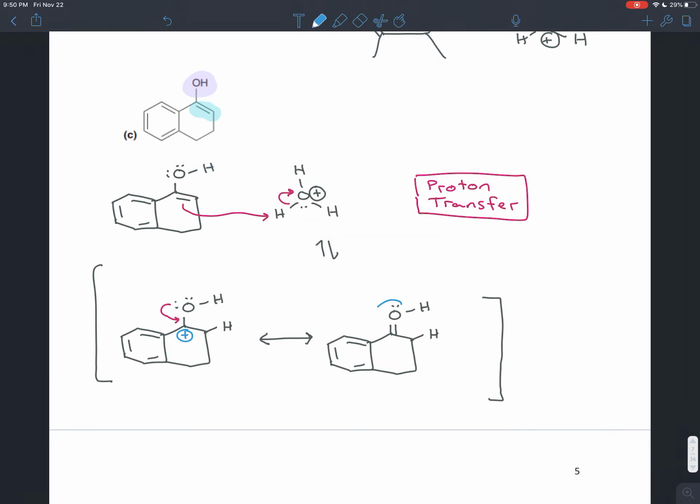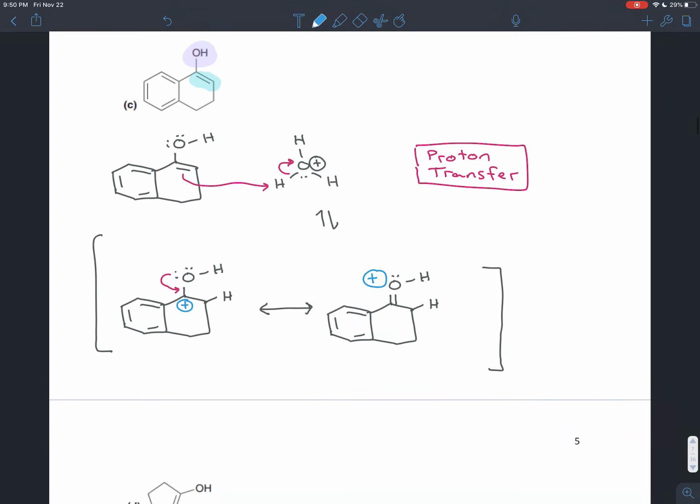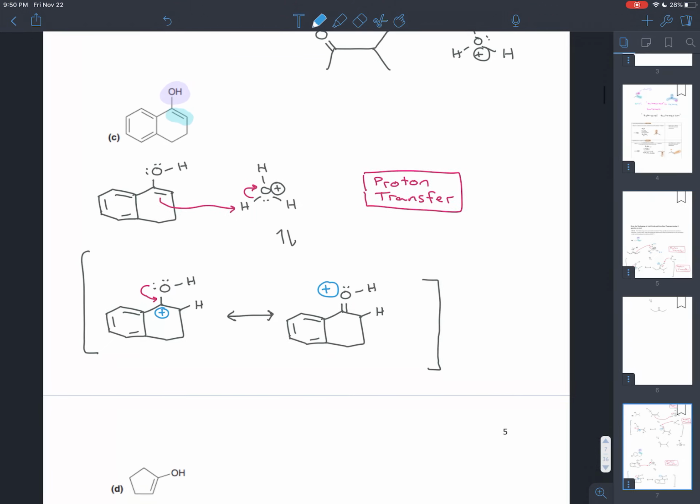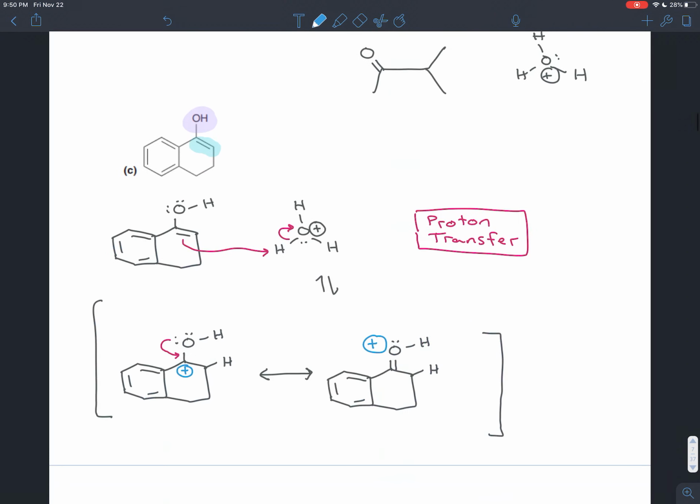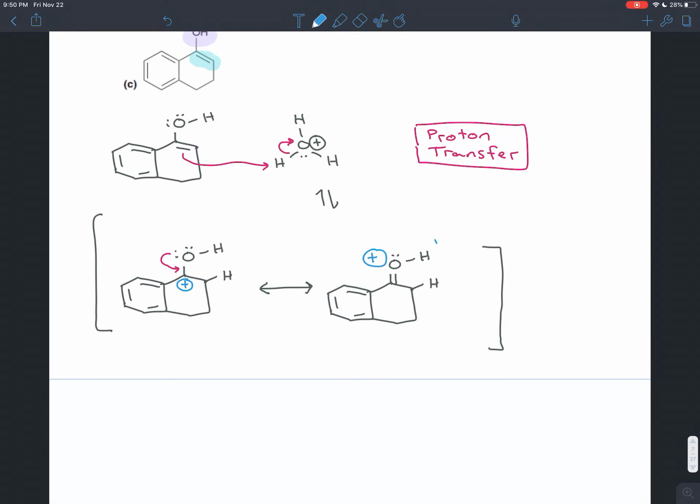And the oxygen that you form has 3 bonds, and so it has a full positive charge. And you can see that that is really close to the ketone. All you have to do is a proton transfer, and the charge is reminding you of that. It tells you, this oxygen is unstable, stabilize it.